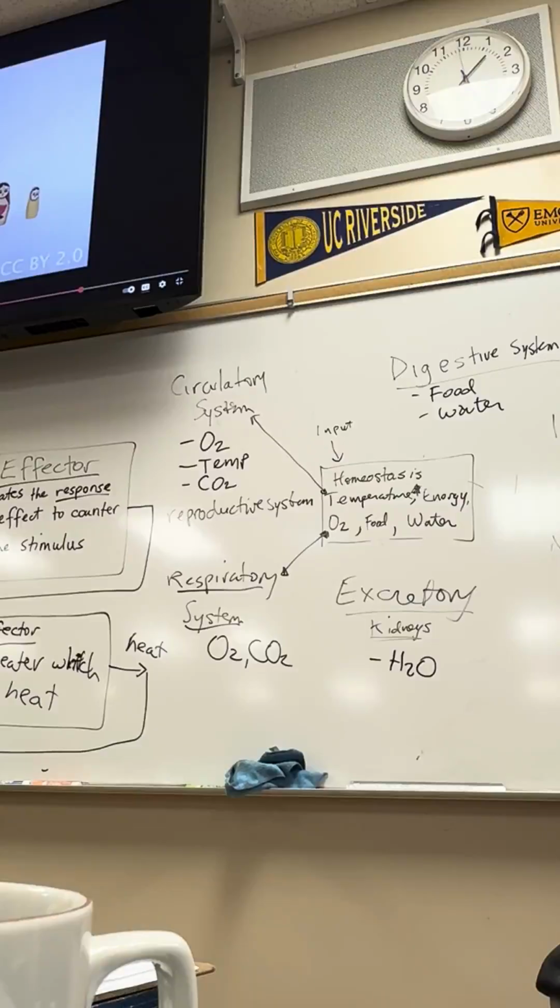You read the paragraph, 4 examples, then you use the information from that paragraph to fill out what's the stimulus, what's the sensor, what's the control, and what's the effector. Okay? And I would say probably helpful, work with your partner on it. Well, read it first yourself, and then you can work with your partner to try to figure out and fill in each of the boxes. Okay? So everybody do the first one, then we'll review it and go from there.